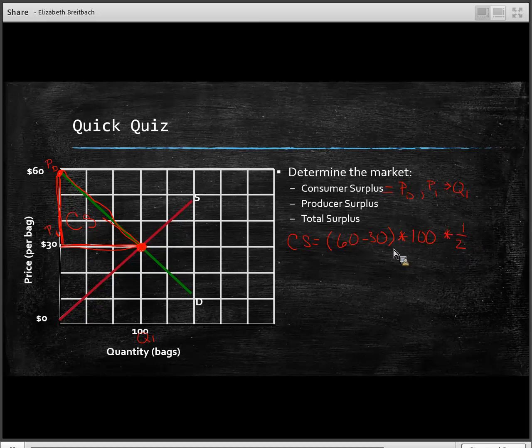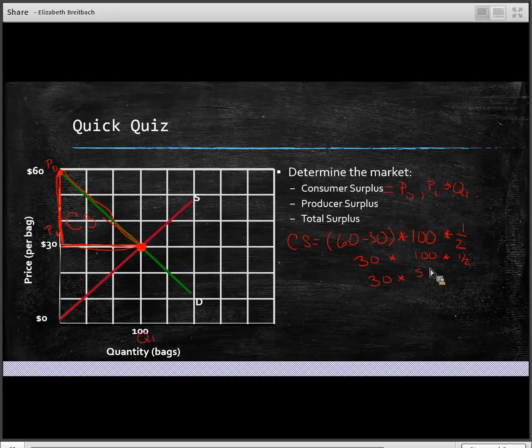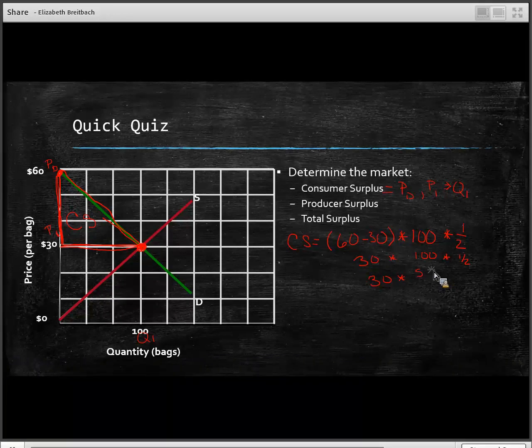So what we have here is 30 times 100 times 1/2. We can do 30 times 50, and that comes to 1,500.